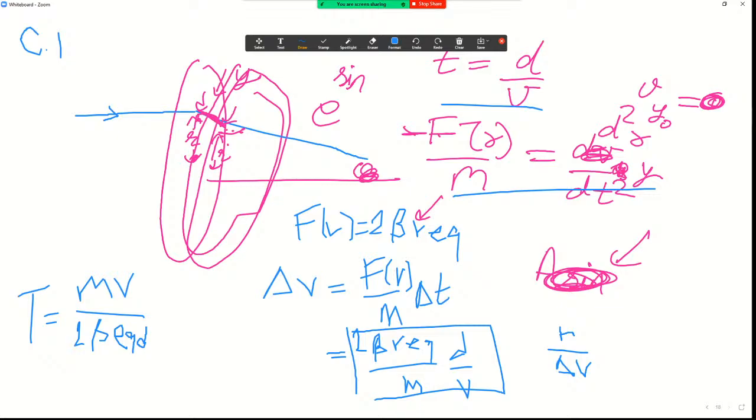Yes. Yeah, and then if the electron is moving with the velocity v, then the focal length is going to be v times capital T.